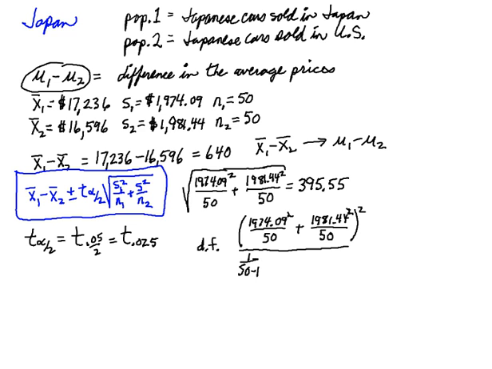My n1 is 50, my n2 is 50, and the denominator there, I'm going to take 1 over 50 minus 1 times the 1974.09 again, the s1, squared over 50, and squaring that.